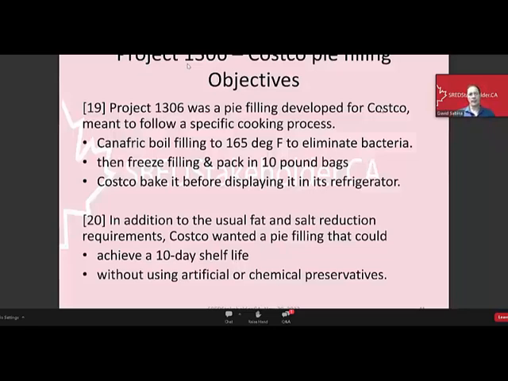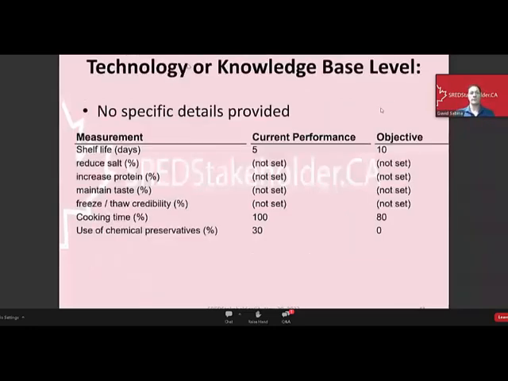In this particular case, the product had to be boiled to 165 degrees to eliminate bacteria. Then it had to be frozen, put in 10-pound bags, and sent to Costco, where they were going to recook it. So there's issues on safety and things that come along with that. In addition, we're told some of the objectives is that they have to achieve a 10-day shelf life without using artificial or chemical preservatives. Okay?